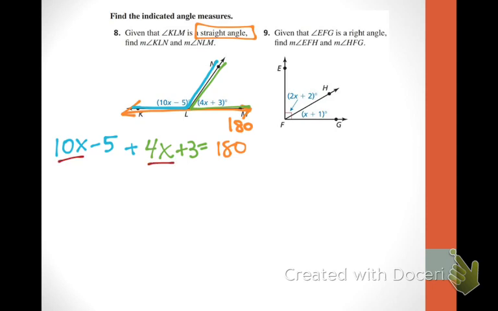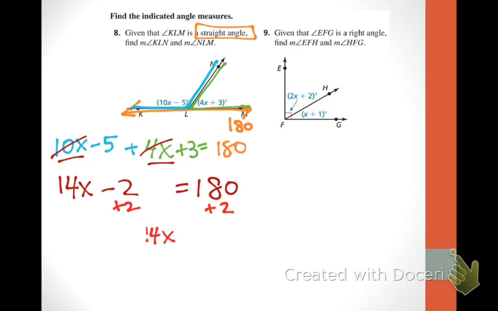We have 10x plus 4x, which make 14x. Minus 5 plus 3. Negative 2. What do we do next? Add 2.